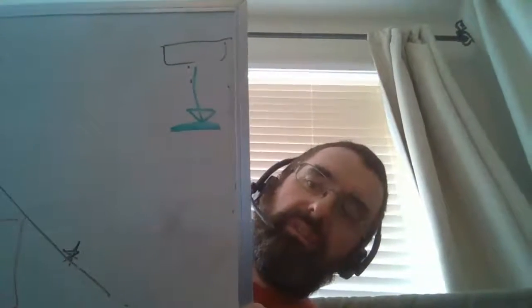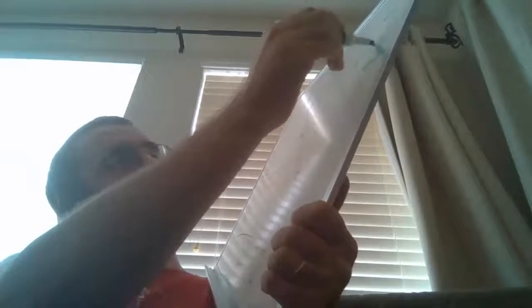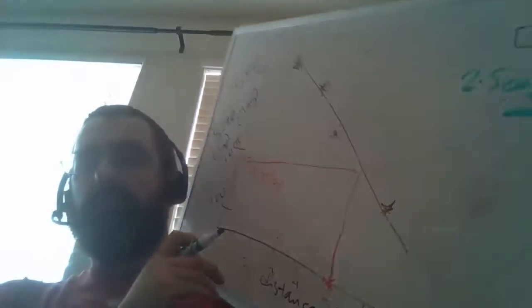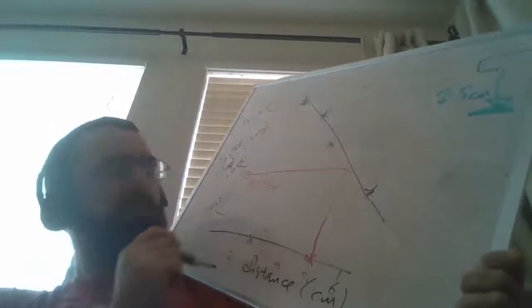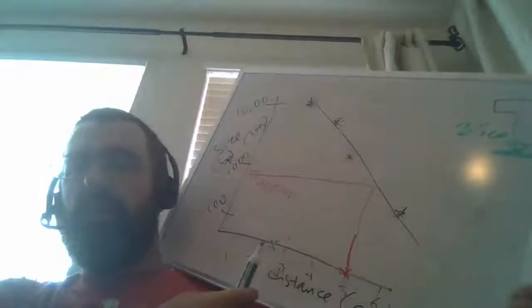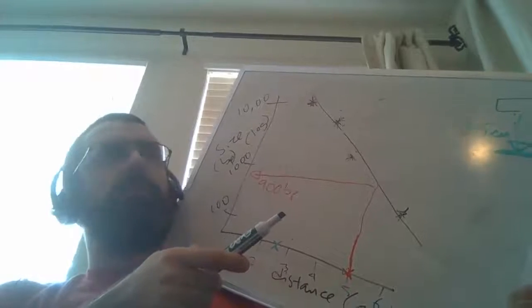Now let's say we get a different band, an unknown again. This might be 2.5 centimeters, let's say, and that's just a guess again. Now we go over here, we find 2.5 on our x-axis.